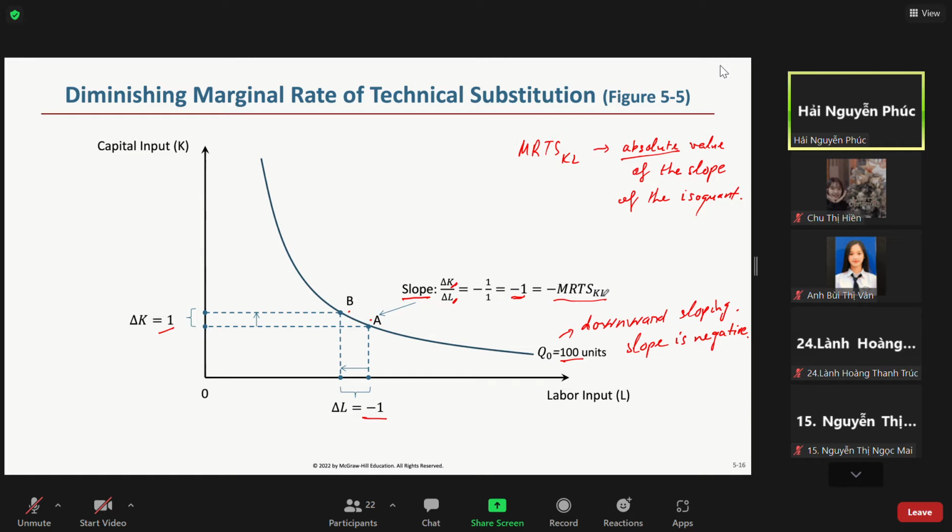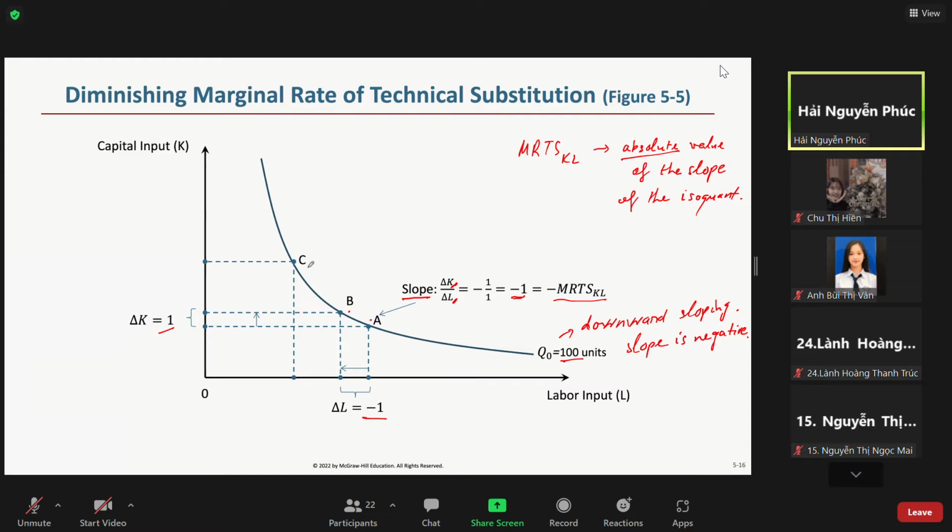It tells us that if we decrease the labor input by 1 unit, substituting capital for labor input and increasing the quantity of capital by 1 unit, then we can maintain the same level of output.